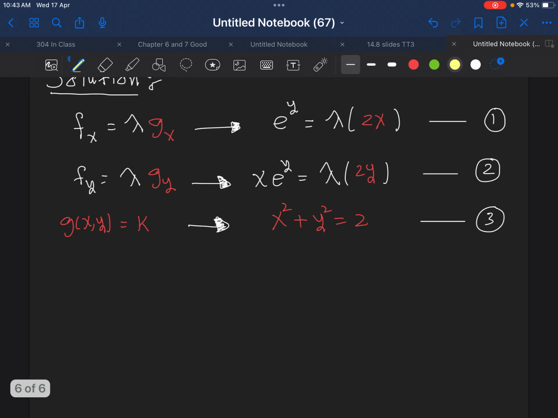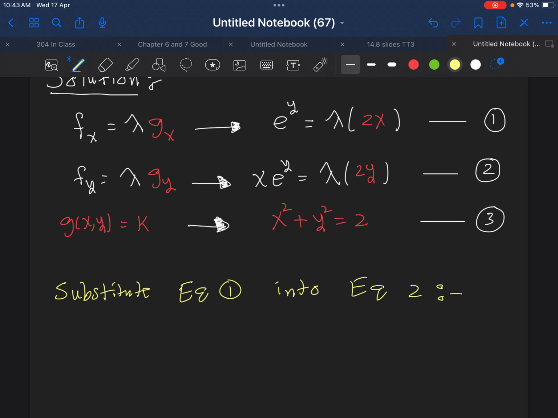So substitute equation number 1 into equation number 2. Let's see what we get if we do so. We get x, and from equation number 1, this will be lambda 2x. And the other side will be just lambda 2y.